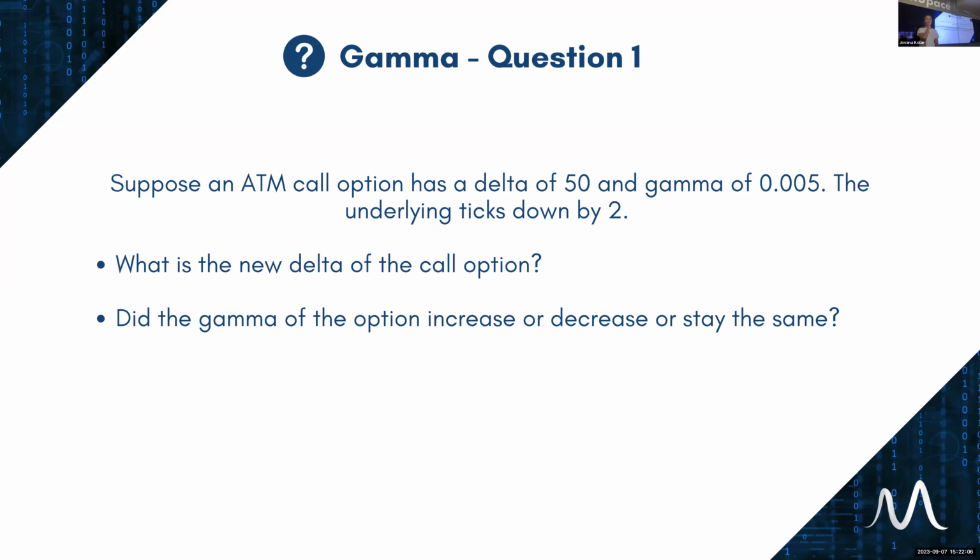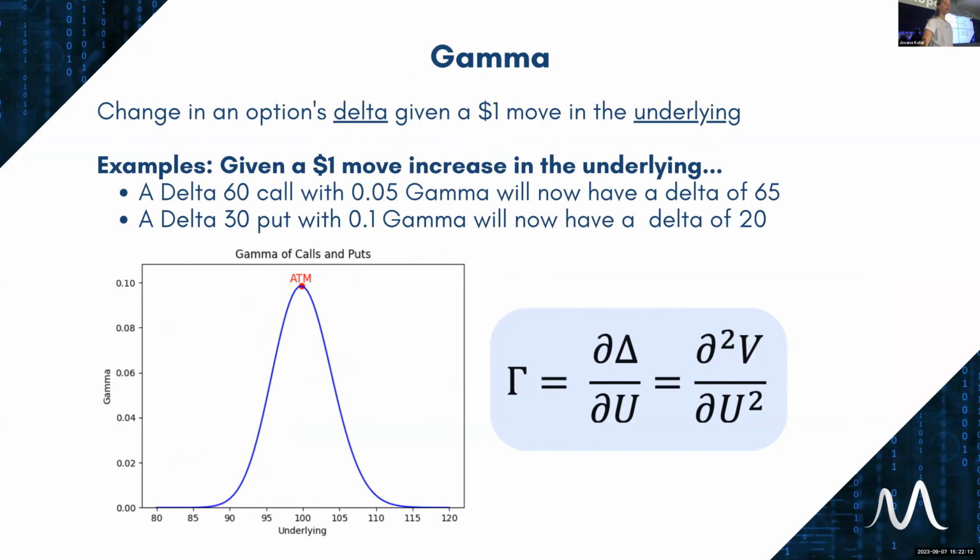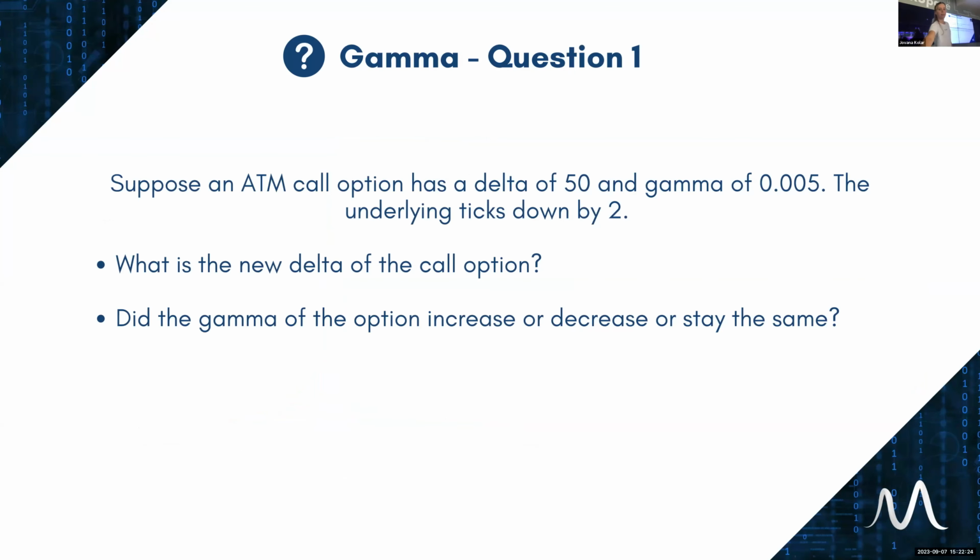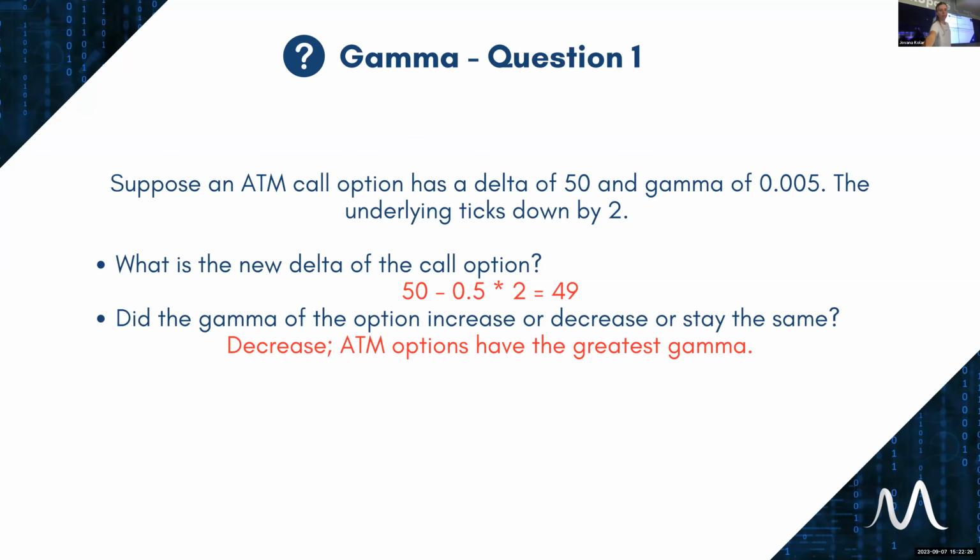Doesn't change. Why? So if you look at this graph, you see that the gamma peaks at the money. So what would happen if the underlying ticks down? Gamma decreases. Good job.